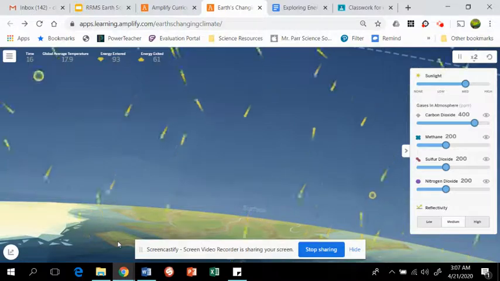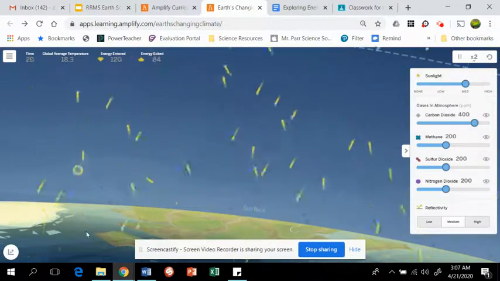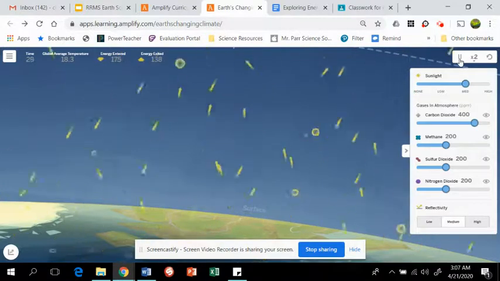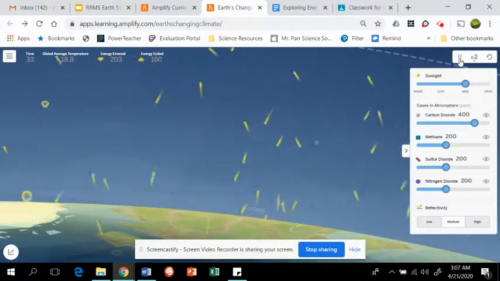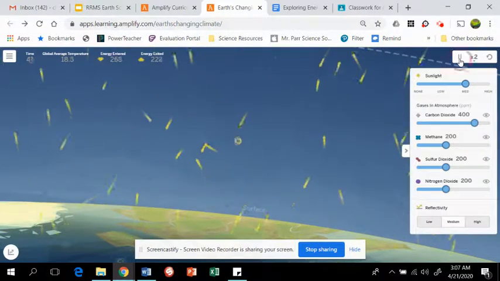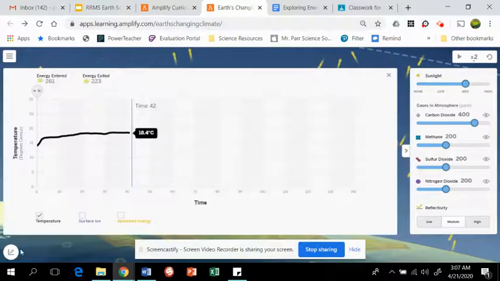It's almost like increasing the amount of sunlight. Wow, that's happening really quick. So I'm going to stop this at about 40 for time. All right, I'm going to pull up the graph. So the temperature of Earth did increase. It went from just under 15 degrees Celsius to 18.4 degrees Celsius in the time that I let it run.